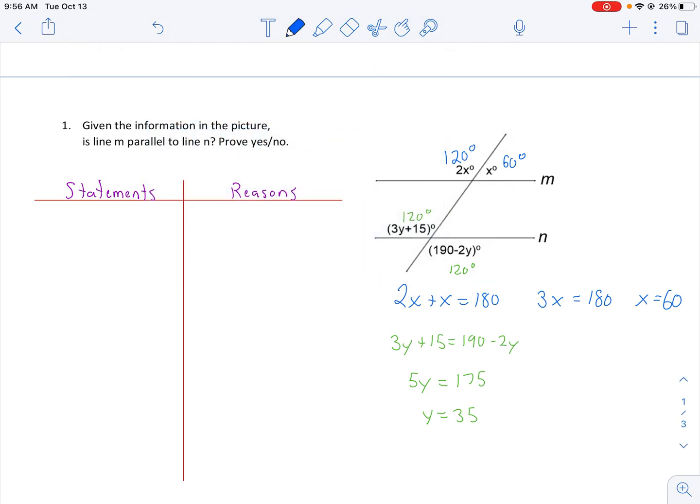So let's just say given the picture. Given. I don't know if that's necessary to write, but we should always start with the given information, I think. And then our next statement, we can say we know that 2x plus x equals 180, which is what we did next, remember? And that is because of the linear pair postulate.